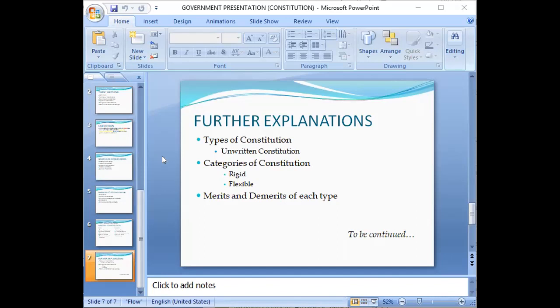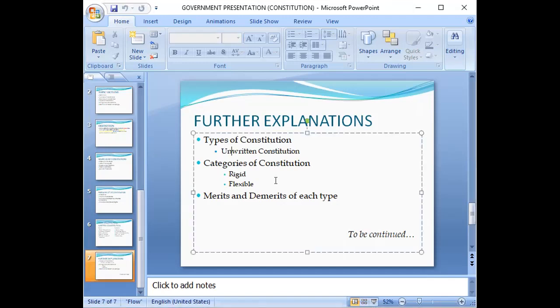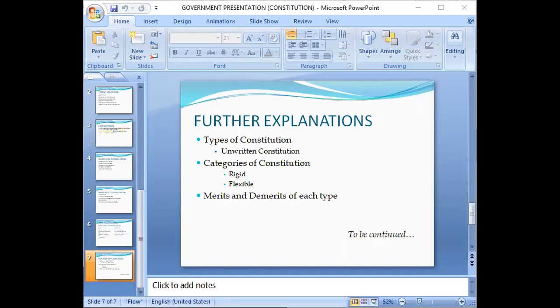Anybody with a question? Okay, in the absence of questions, we would probably draw the curtain today.